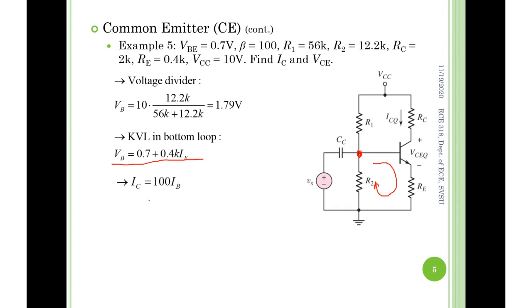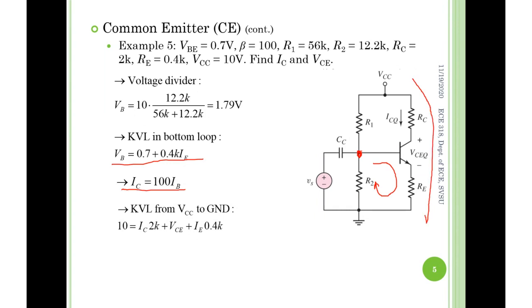And then the third equation, don't forget to use it. And then we have, from top to bottom, the KVL here, right? These are the equations. And then I end up with IC of 2.7 milliampere, VCE of 3.51 volts.